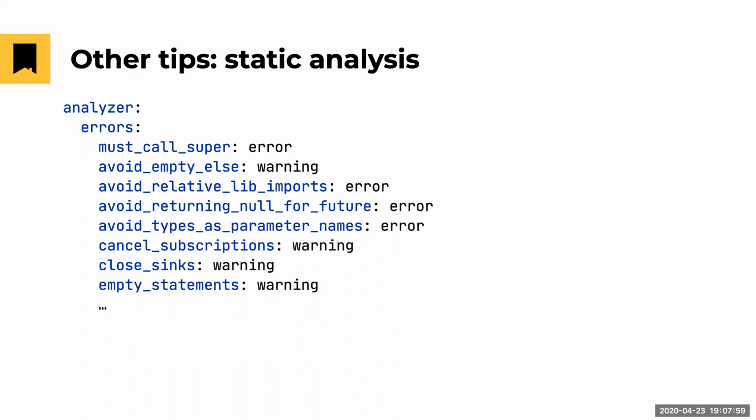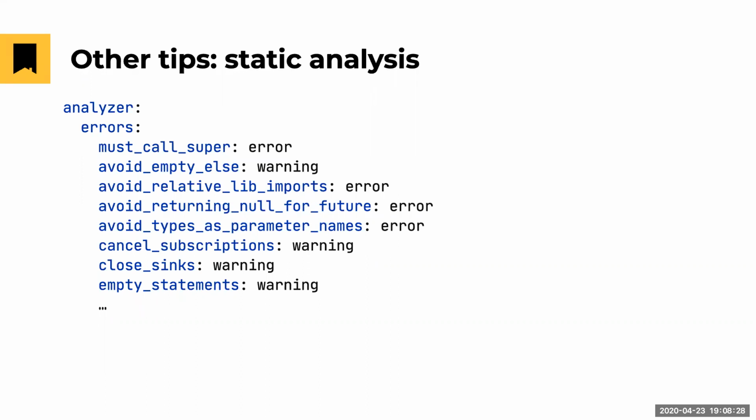But as for me, by default, it's too kind. That's why we went through most of its rules and defined our own importance levels for each of them. Some of them we defined as warnings, and it means that IDE will still mark them with yellow color, but unlike errors, warnings won't prevent you from running and hot reloading your app.